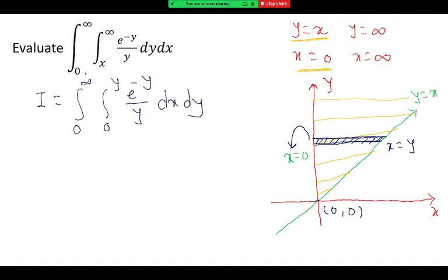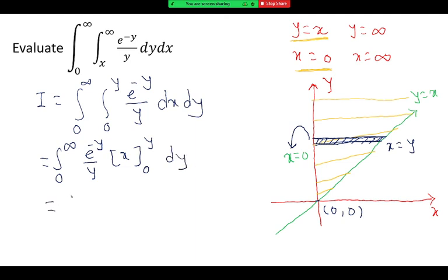This is not so new here. The important thing is that you have to find the region, and now you can very easily evaluate it. So the outer limits are 0 to infinity as it is. What is the integration of the inner? This e raised to minus y upon y is a constant as it is, because we are integrating with respect to x. And the limits are 0 to y. And that dy is there.